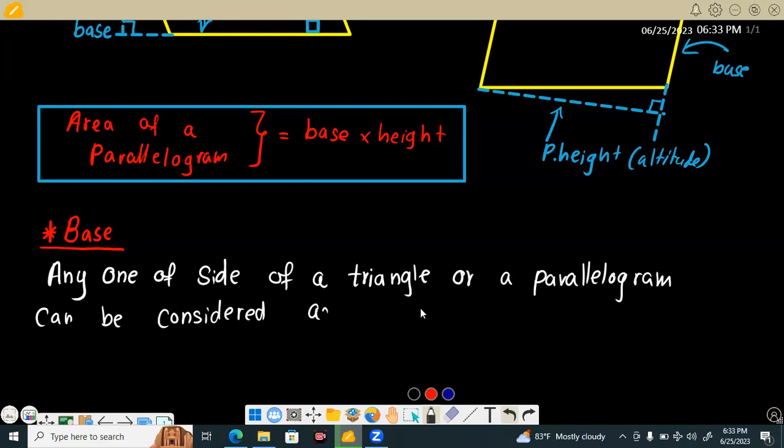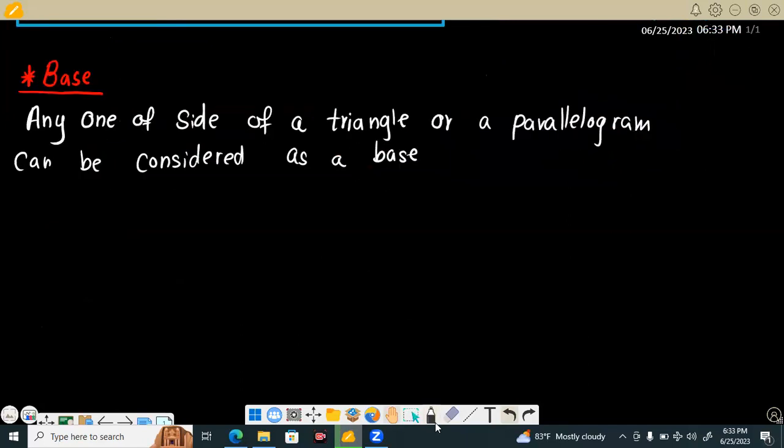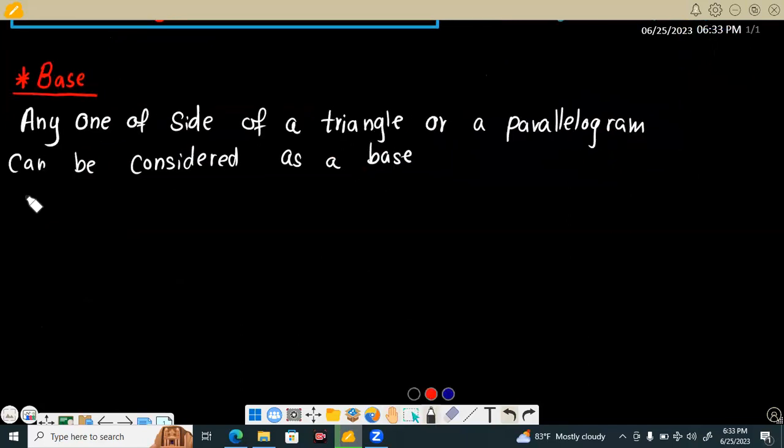as a base. Okay, it can be considered as a base. And according to the considered base, you have to consider the altitude.